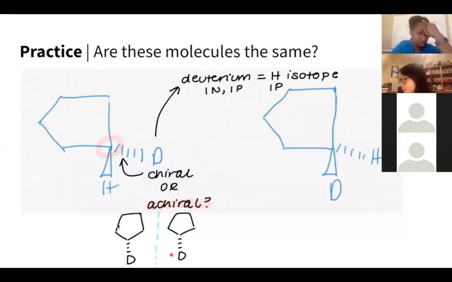Just imagine, this deuterium is the only thing differentiating this pentagon. So even though it's sticking into the board, in this case, it could just as easily be sticking out of the board here. I can draw this guy. This guy, you can also draw him like this. So it's ugly.